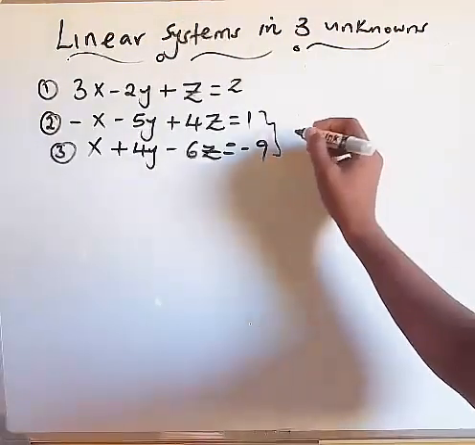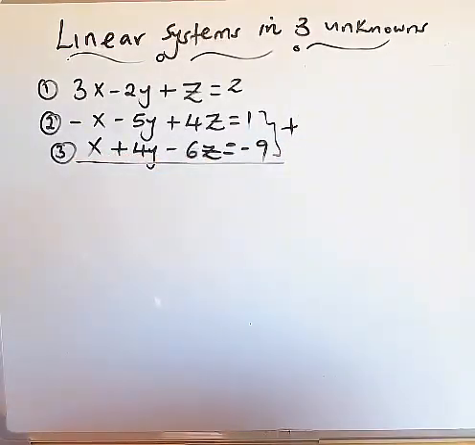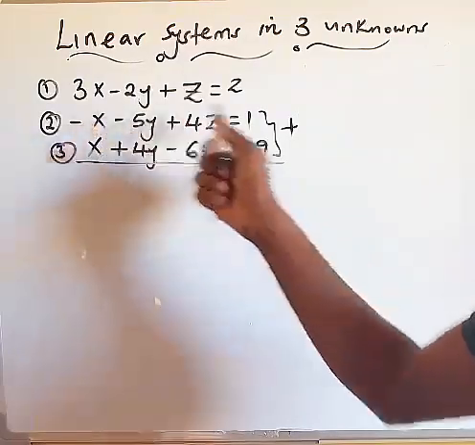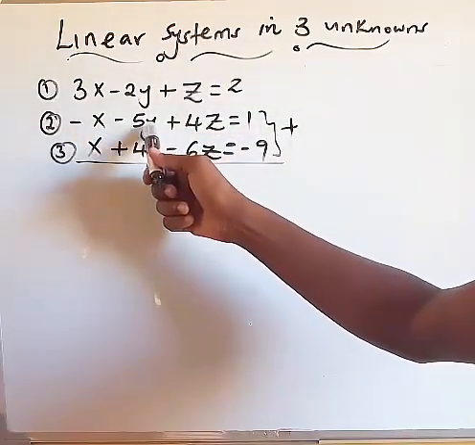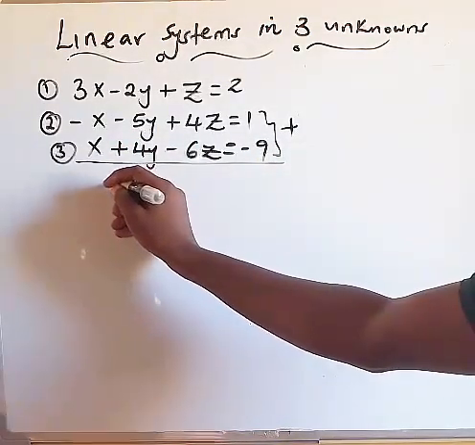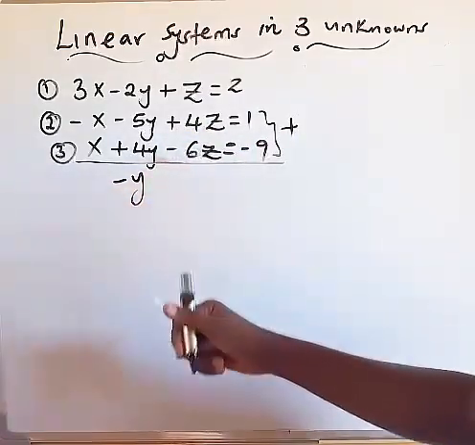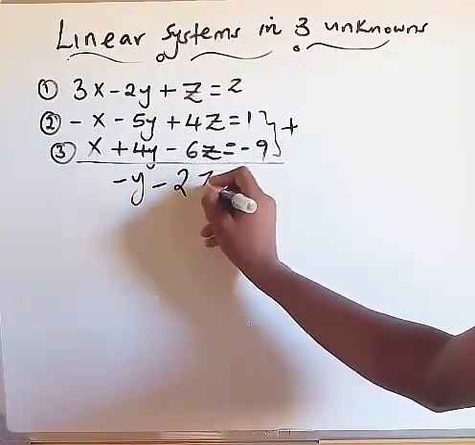So if we add these two equations, equation 2 and 3, x is eliminated because minus x plus x will be 0. If we take minus 5y plus 4y, we get minus y, and then 4z plus minus 6z, we get minus 2z.